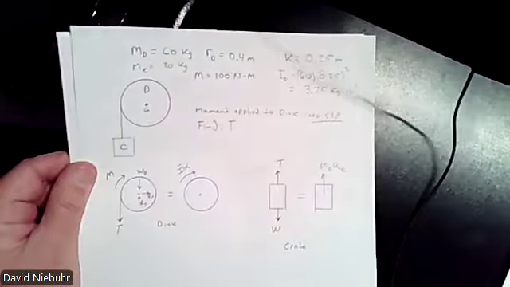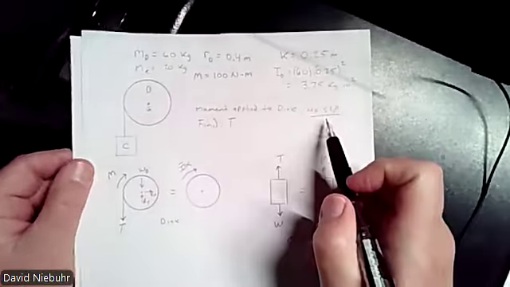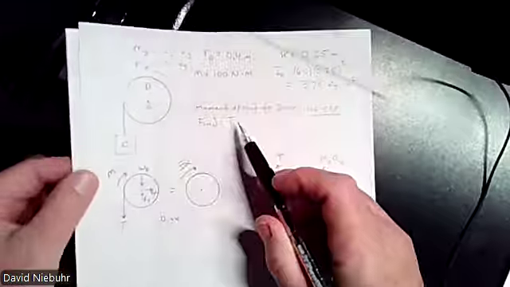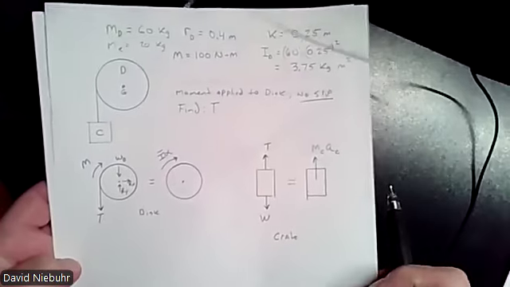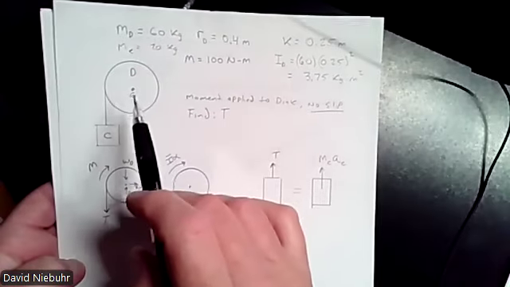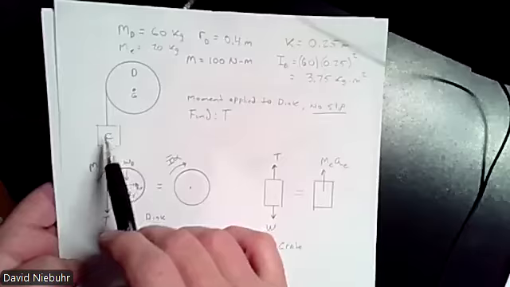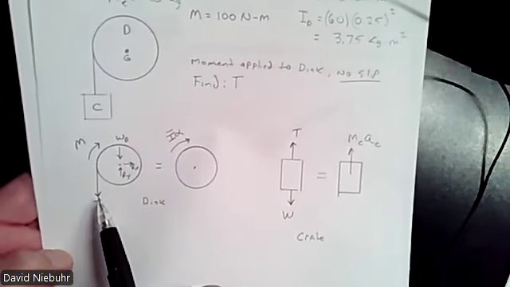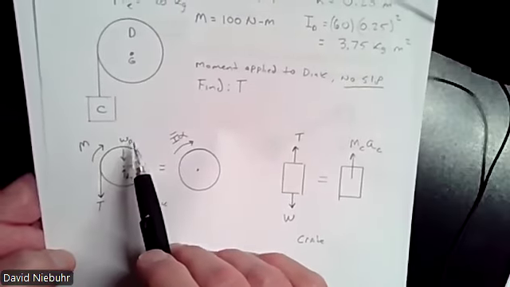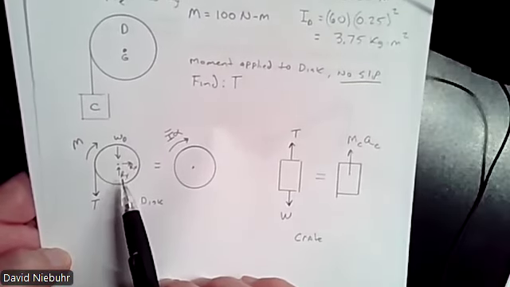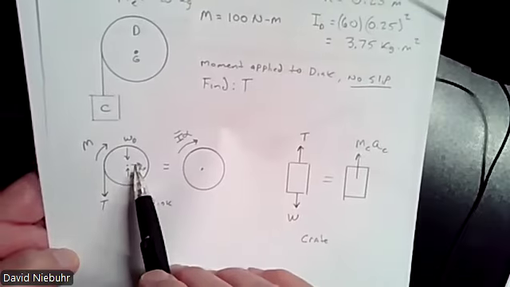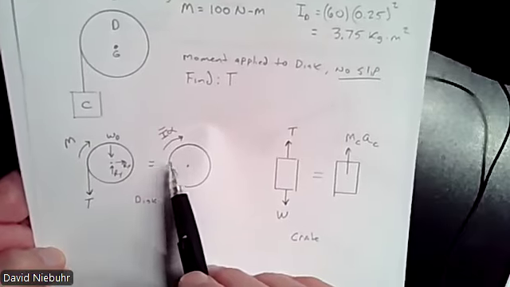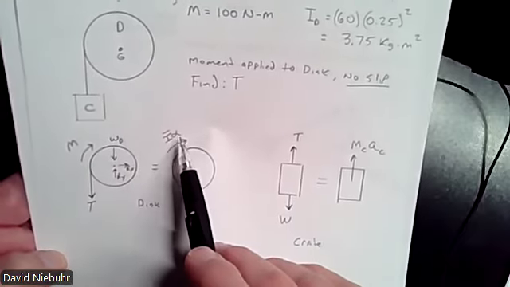So we know there's a moment applied to the disc. There's no slip. That's important. We want to find the tension in the cord. If we look at it as two separate entities, the disk and our mass C: for the disk, we have a tension pulling down, a moment turning to the right, the weight of the disk, and the reaction in the center, which we put even though generally we don't need it. That equals our kinetic diagram, which in this case is just I alpha.